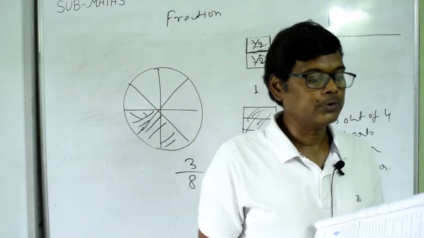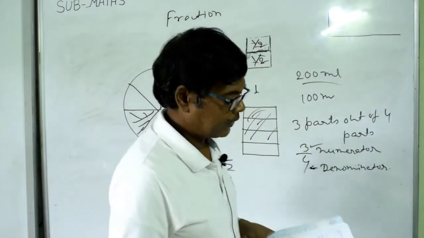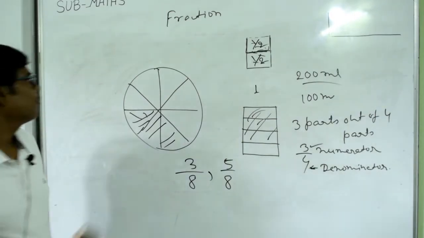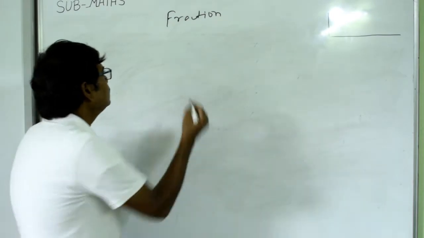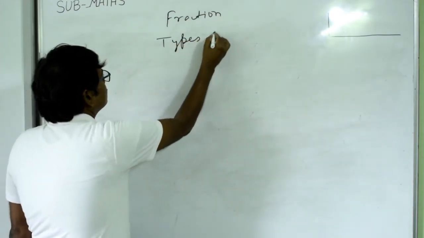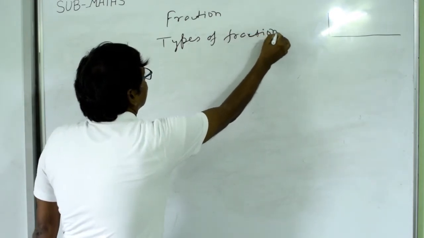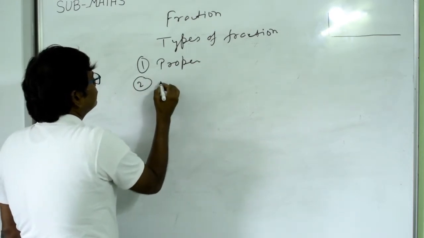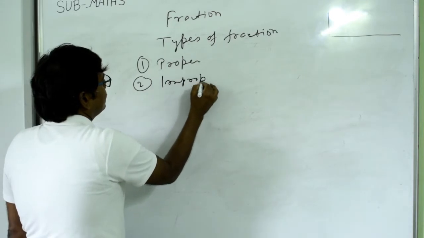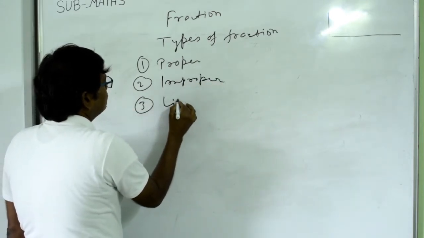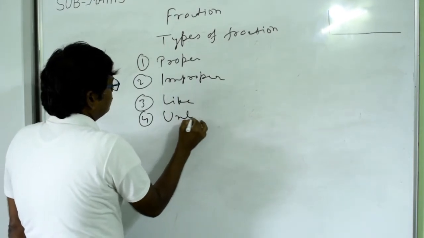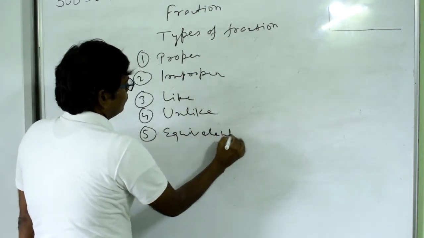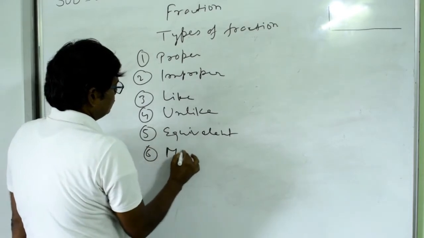Now, there are some types of fractions. You have the proper fraction, then improper fraction, like fraction, unlike fraction, then equivalent fraction, and mixed fraction.